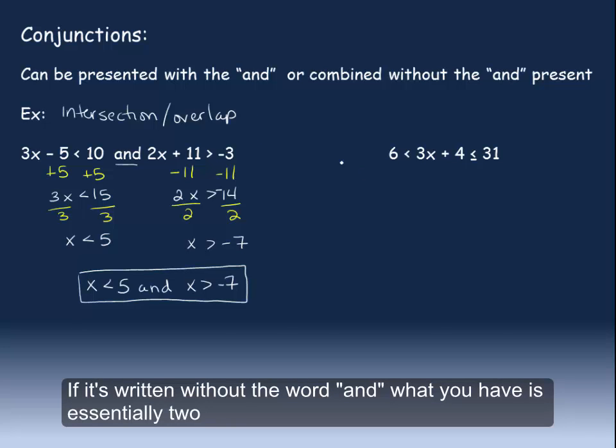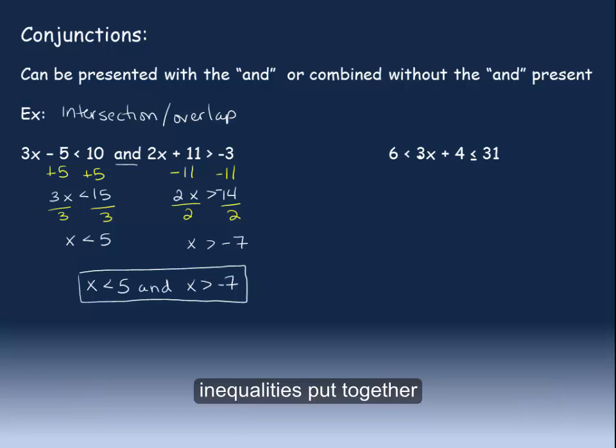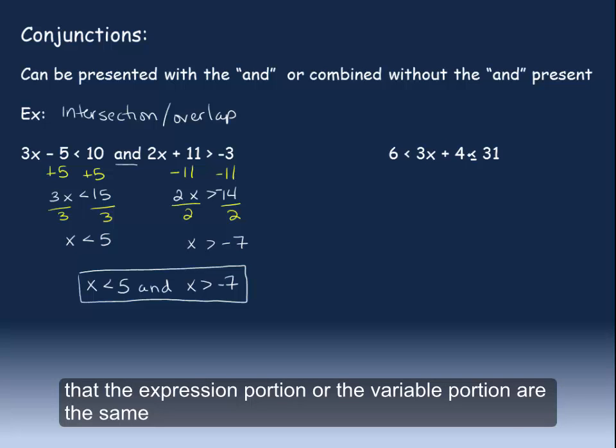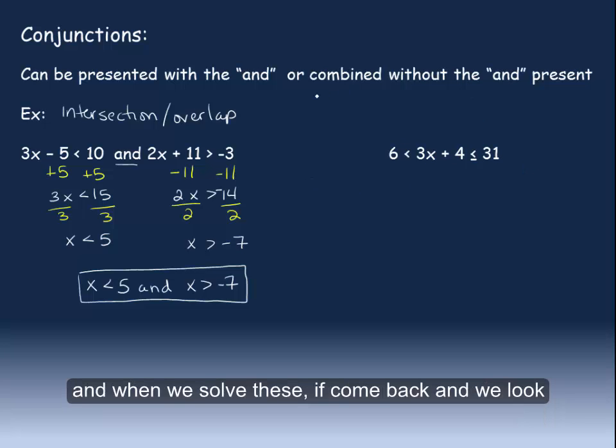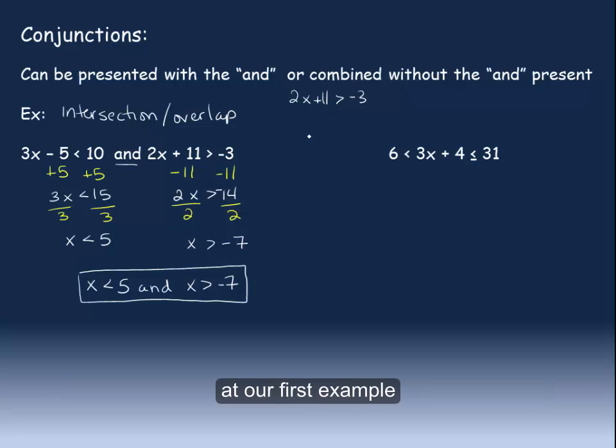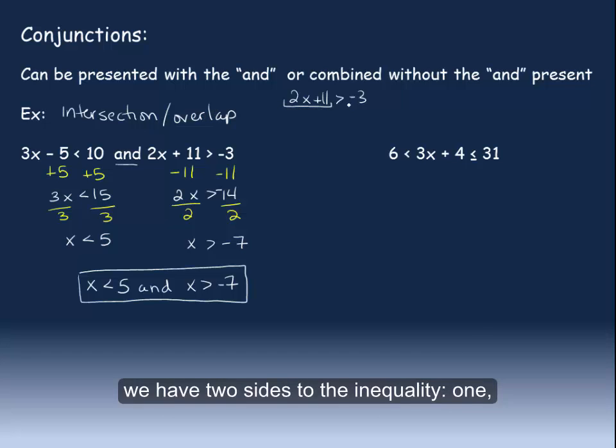If it's written without the word "and," what you have is essentially two inequalities put together where the expression portion, or the variable portion, is the same. This is 6 is less than 3x plus 4 and 3x plus 4 is less than or equal to 31. When we solve these, if we come back and look at our first example, we have two sides to the inequality, 1 and 2.